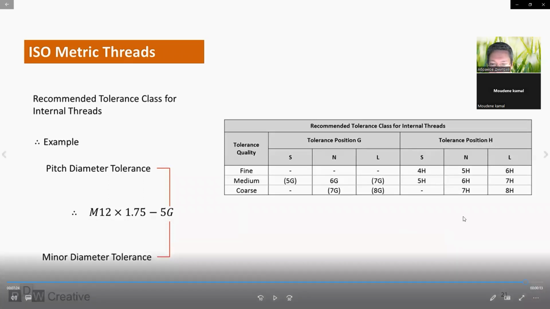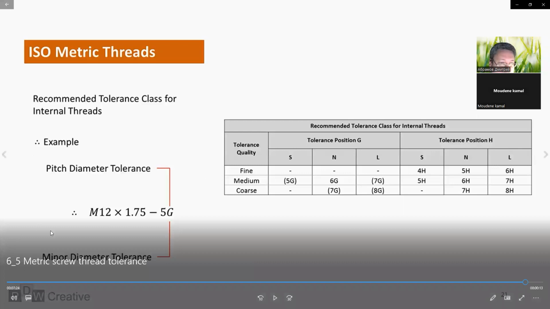Write down in your notes this table and this example of a metric thread.